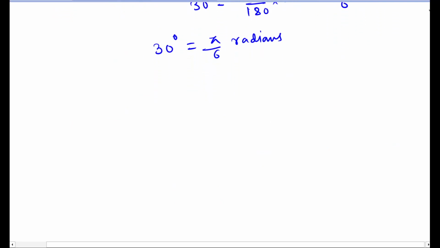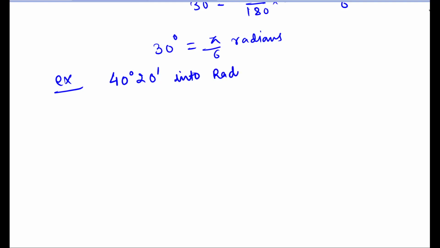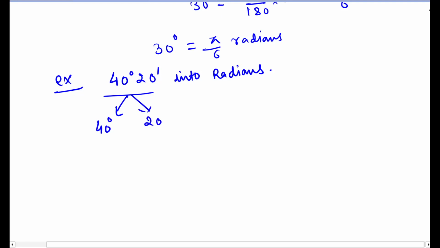We have another example. Convert this measure in radians. First we have to split this into two parts. This is 40 degrees and this is 20 minutes.